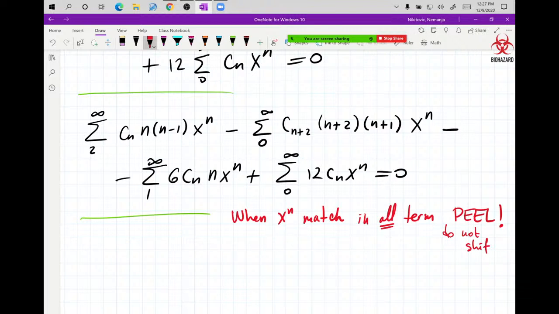Because if you shift to match your counters, you're going to mess up exponents, because they're always linked through the same n. So if you fix one, you're going to mess up the other one. So as soon as one of these lined up, like people that did the Rubik's Cube, they know exactly what the pivot corner is. You don't mess with that. So you have x to the n, and it's matched in every term.